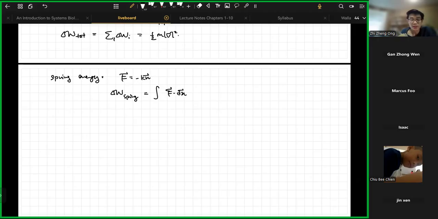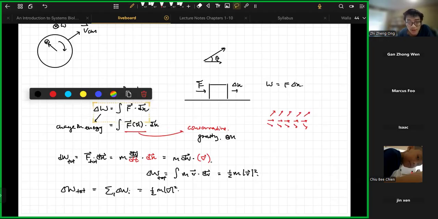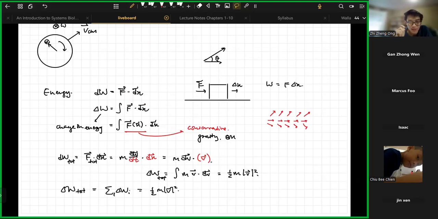Now it's a little confusing in this part, so I hope you can follow along with me. Whenever we say change in energy is equal to force dot product with the displacement, there's a sign convention here. You have to be careful with the sign. Over here, I chose a positive sign because I am the person who exerts the force, and therefore this is how much energy I'm giving to the box.